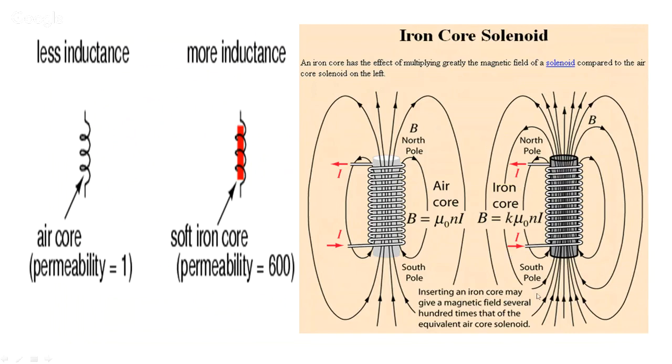By just inserting an iron core, you can observe here, it may give a magnetic field several hundred times that of the equivalent air core solenoid. So by just inserting this iron core, the strength of the magnetic field is increased by several folds. That is the purpose of using a core in a transformer.